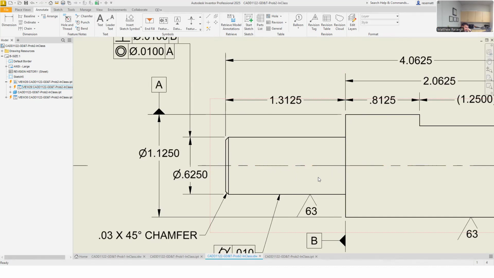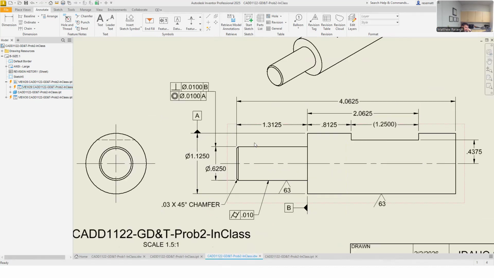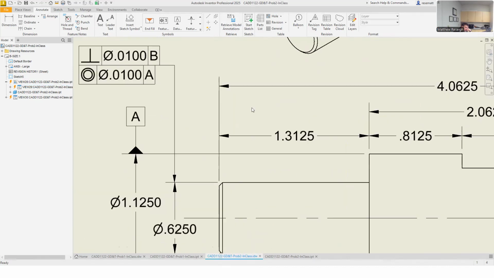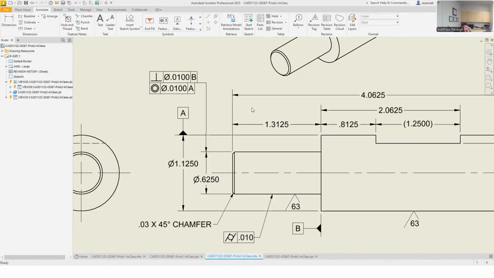The way I think I'm going to express this is a subtle change: I'm going to pull this dimension out, since it's cutting across some leader line here. Ultimately, I want to apply this symbol to this dimension.